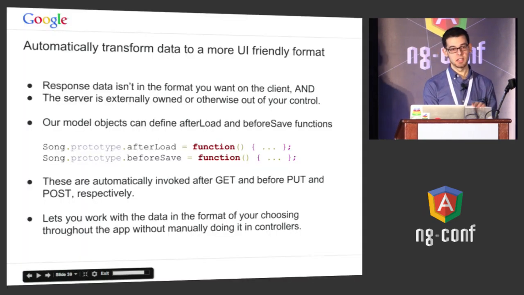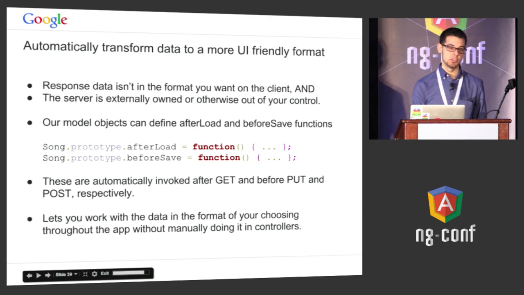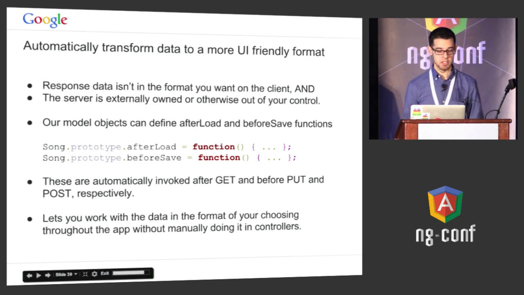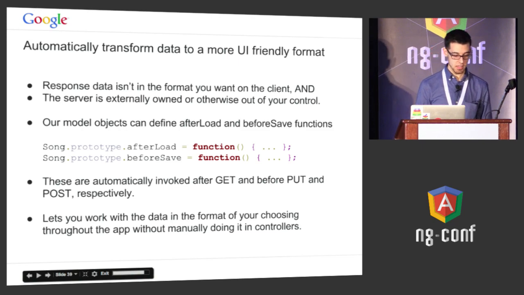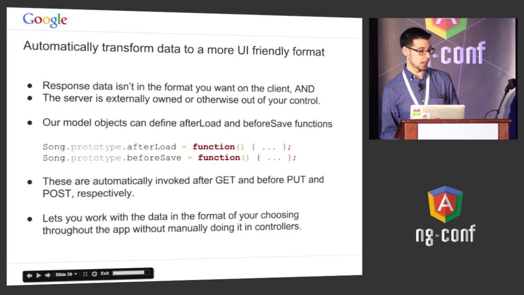Now, another neat thing that we can do, because we have these model objects, is use them to define some data transformations that automatically happen as the data is moved between the server and the client. Now, this is something that could be really useful if you're working against a server API that is outside of your control.